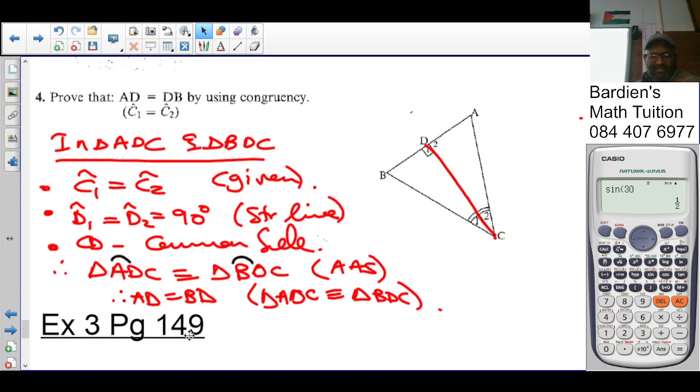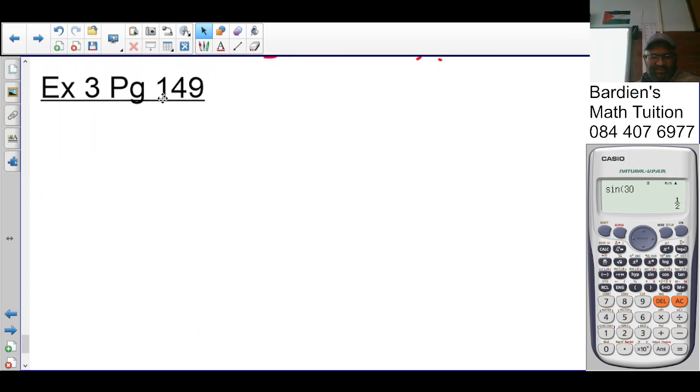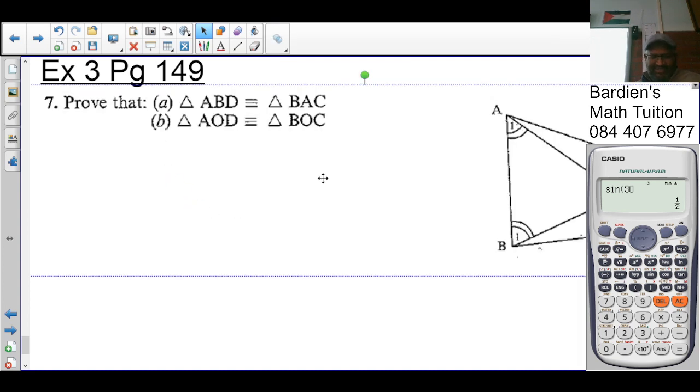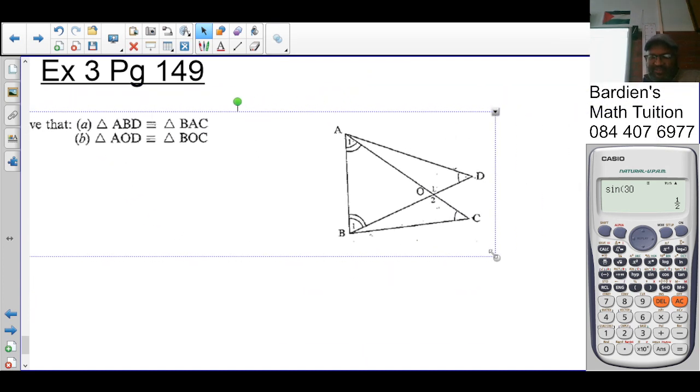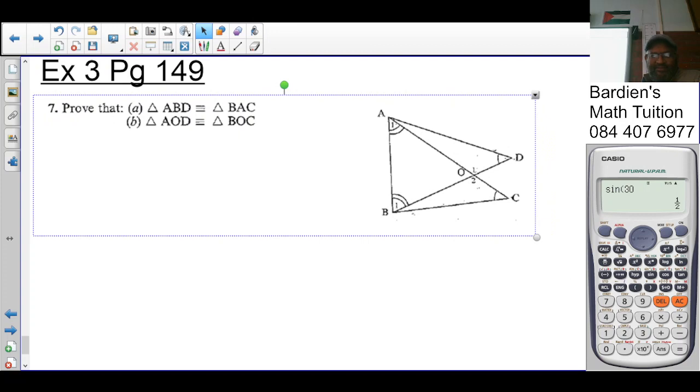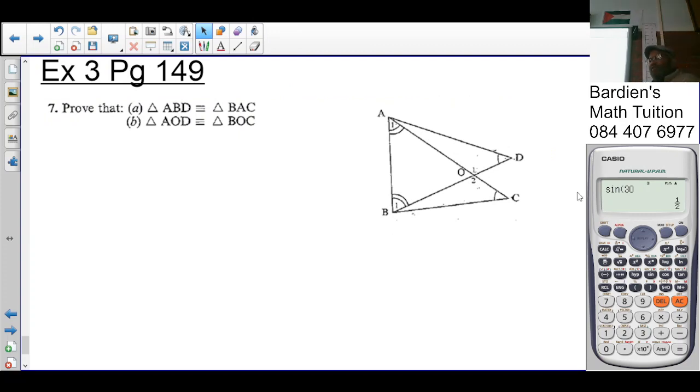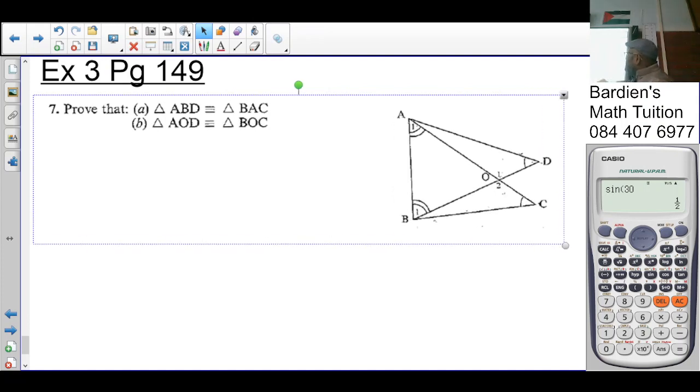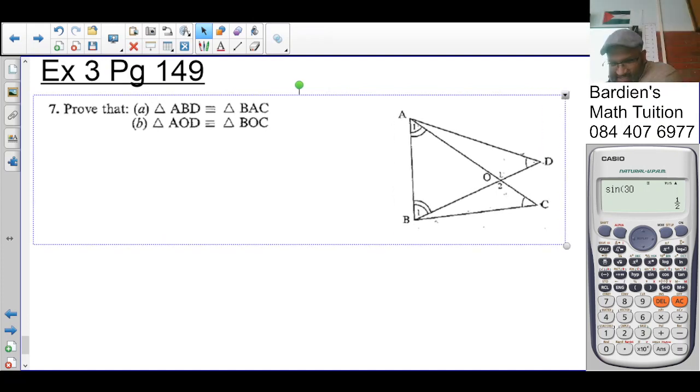Keep that in mind till grade 11. We talk about butterflies and stuff like that in Euclidean geometry, grade 11. Right, draw quickly. Then I'm going to go straight into the sum, because the bell is going to ring soon.